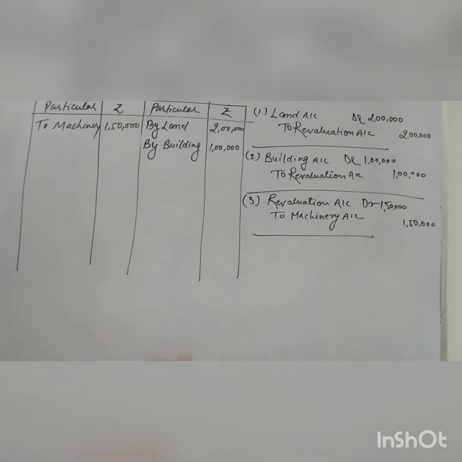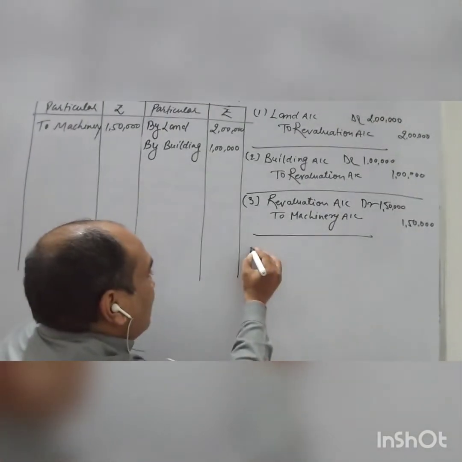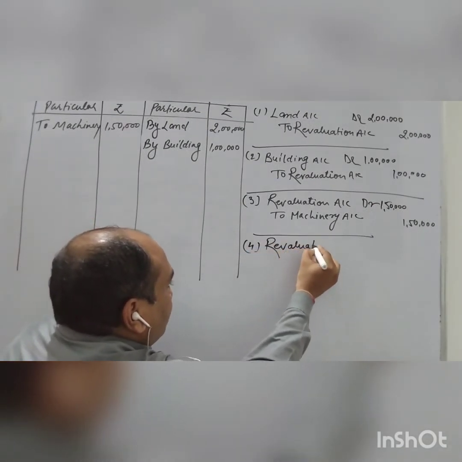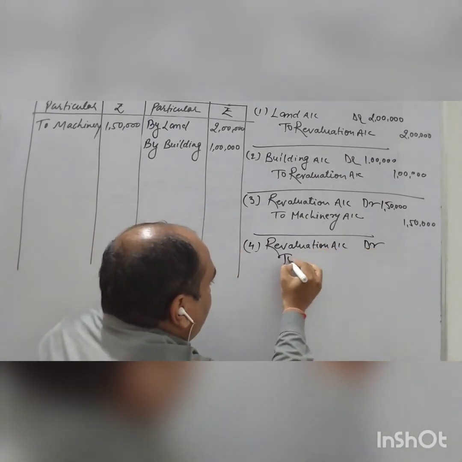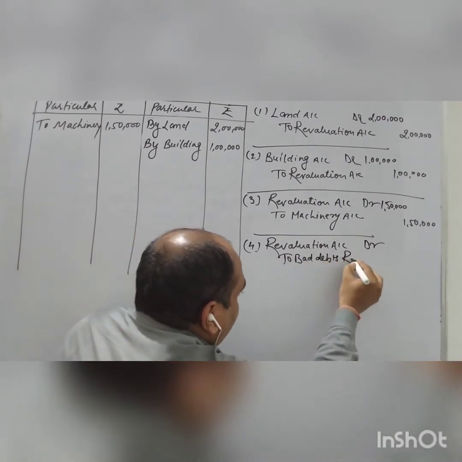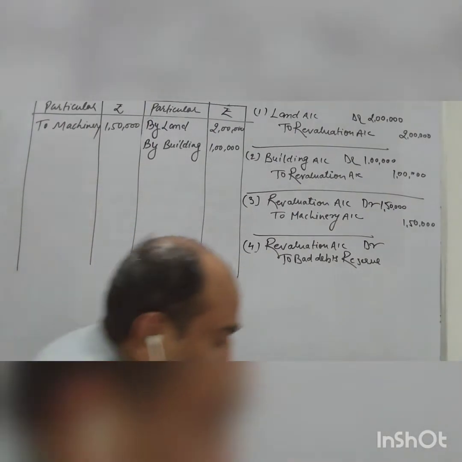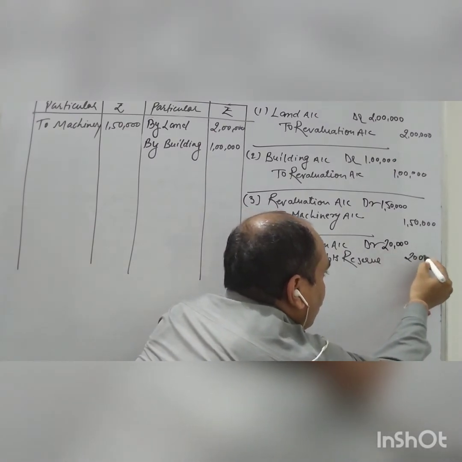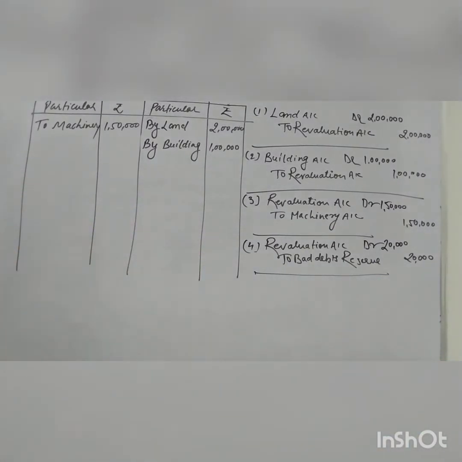So here the entry will be revaluation account debit to bad debts reserve. 1 lakh 20%, it means 20,000. So we will write down over here the value 20,000. Okay. So 4 entries are completed.